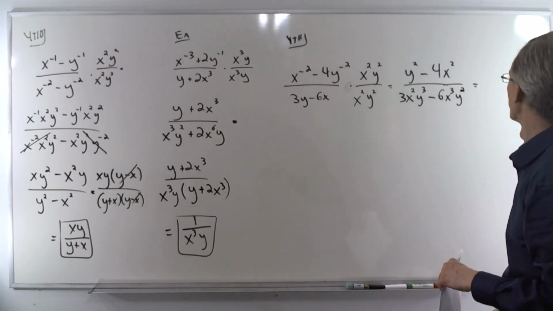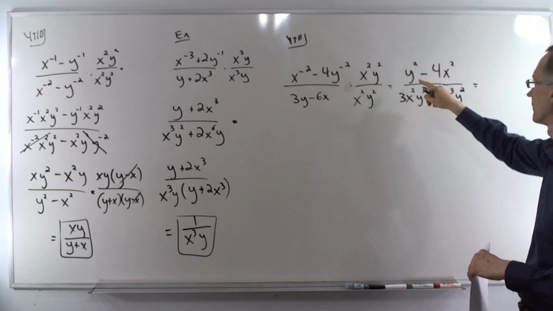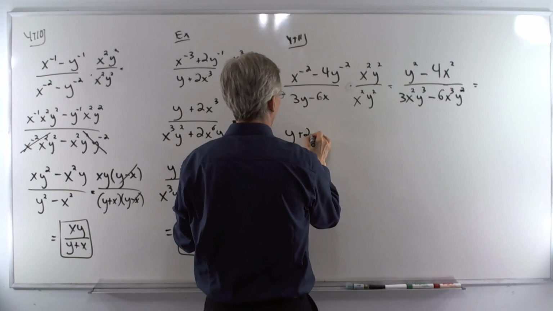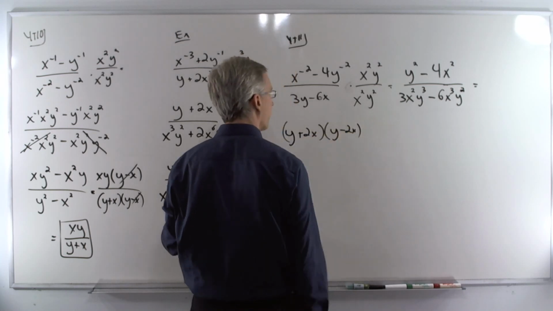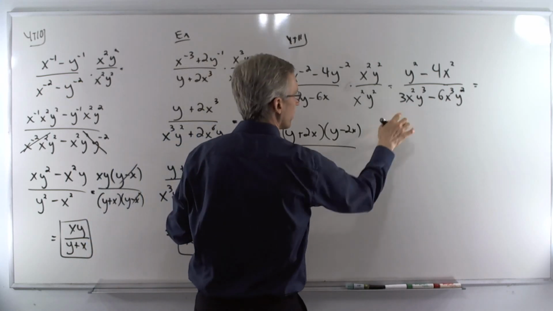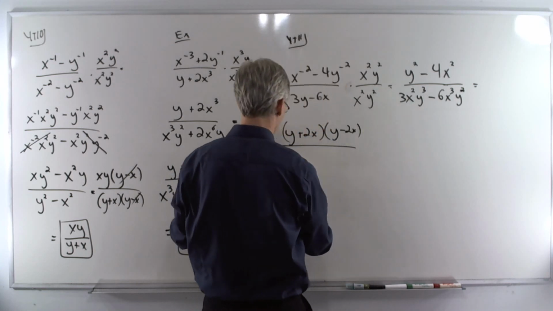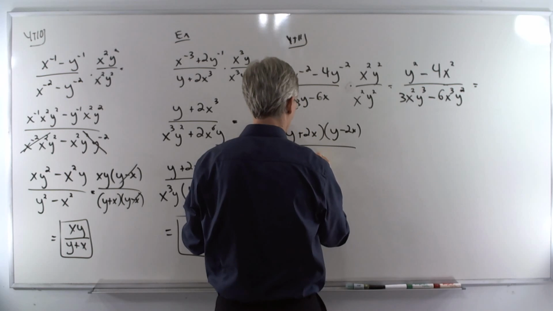Now we can do some factoring. Up top, perfect square, perfect square, perfect square. So we have difference of squares. So that factors into y plus 2x times y minus 2x. And then the denominator, we can pull out a 3 and x squared and y squared.